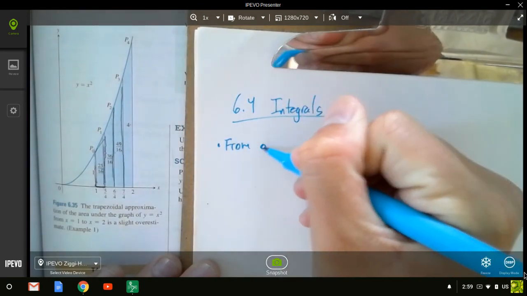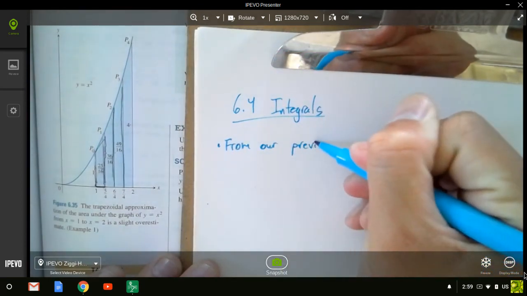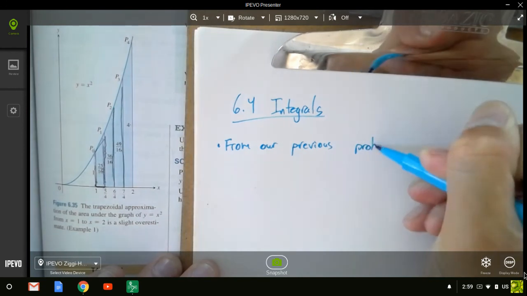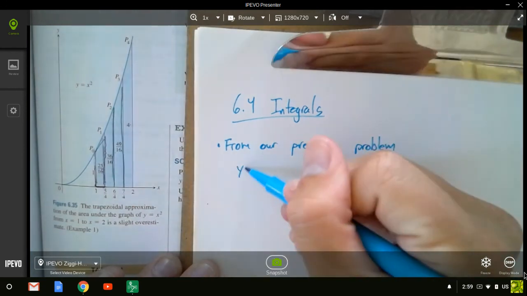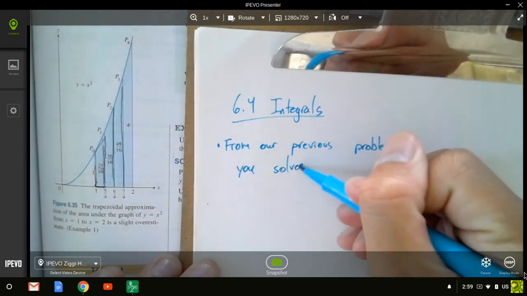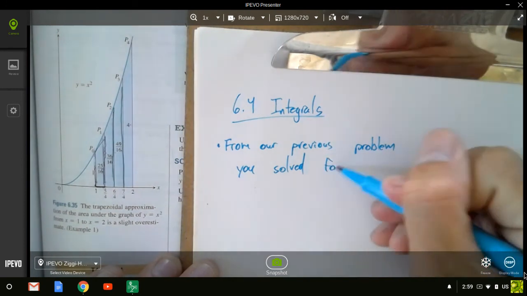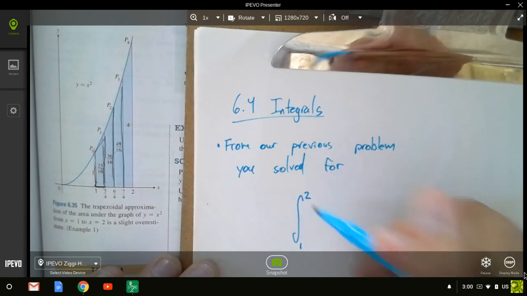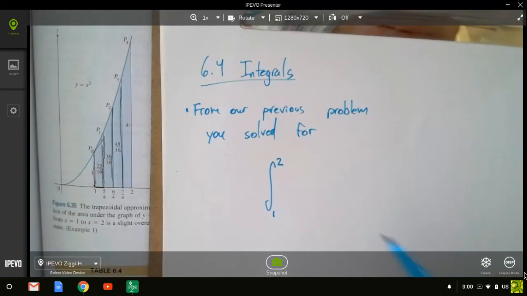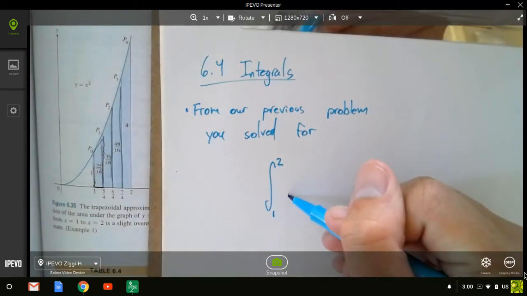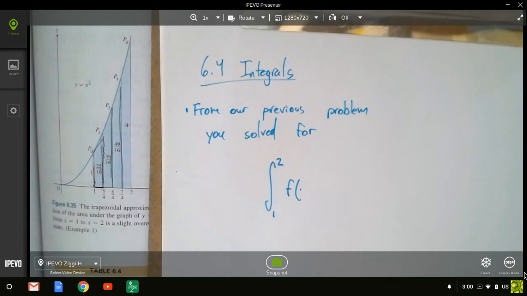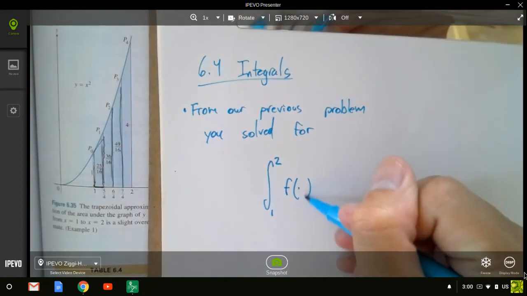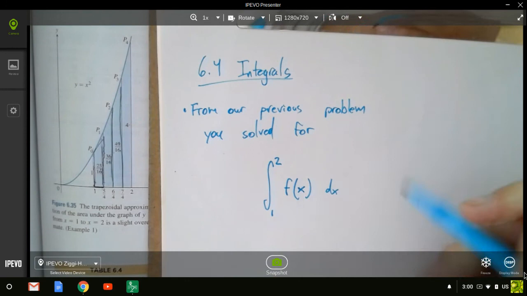From our previous problem, this is what you solved for. Are you ready for this? I'm going to ask you what this means.